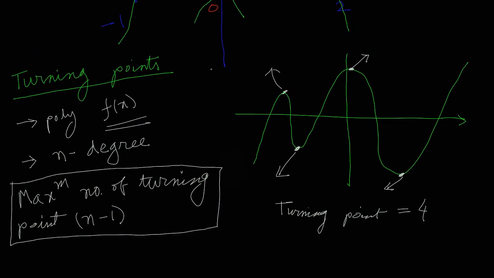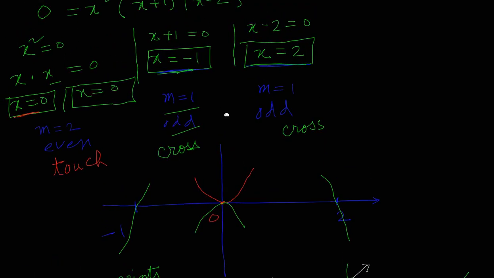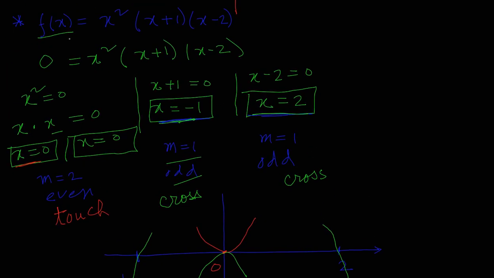I'm going to use our previous two examples which we did for multiplicity. So here you go. I have a function which is x square multiplied by x plus 1 multiplied by x minus 2. Now let us try to find the n for this function, or the degree of this polynomial. First of all, I have here x square, and x square is multiplied with x.